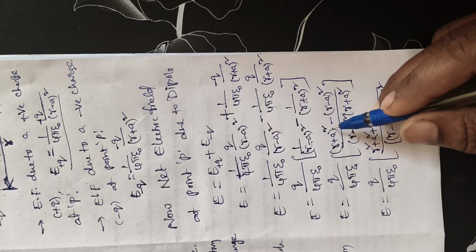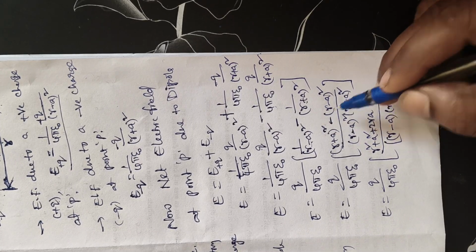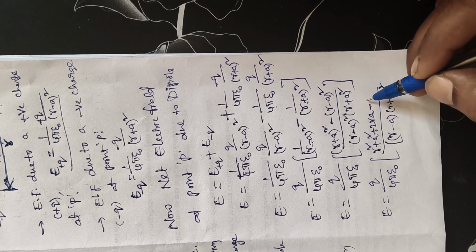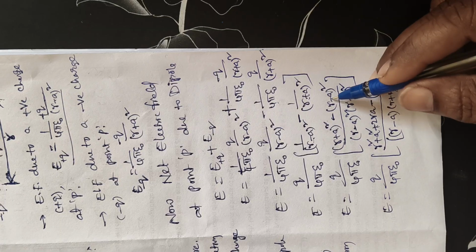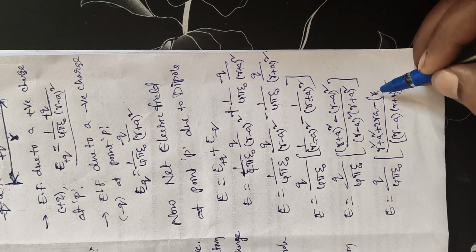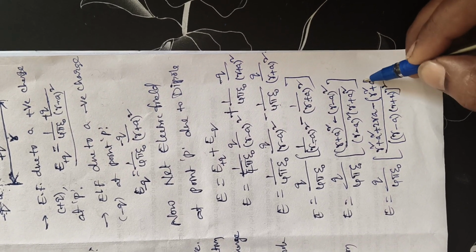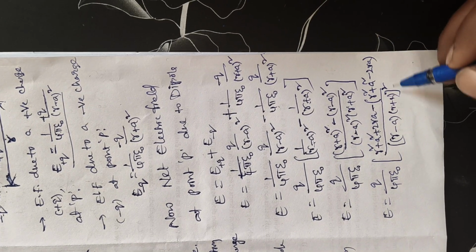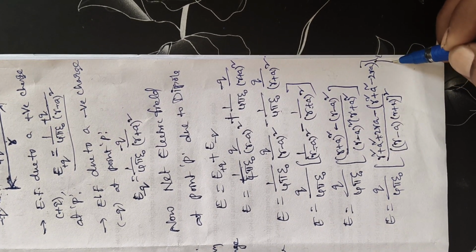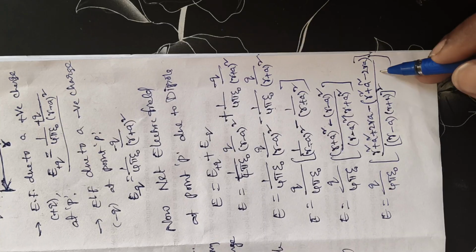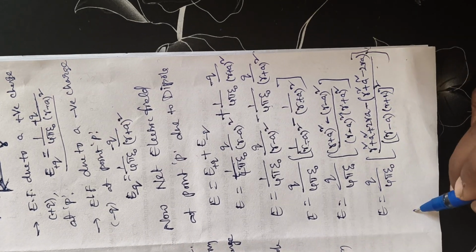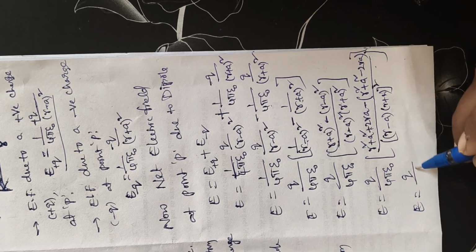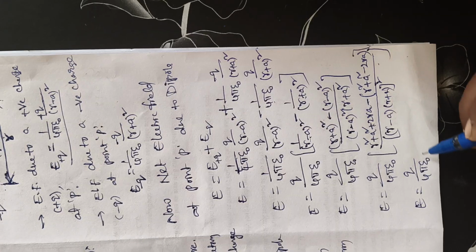It is the (a plus b) whole square formula. Then minus, minus. So within bracket the (a minus b) whole square formula: R square plus A square minus 2RA. So this is the expansion of the equation like this way.